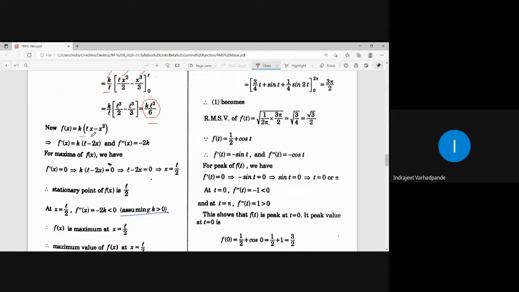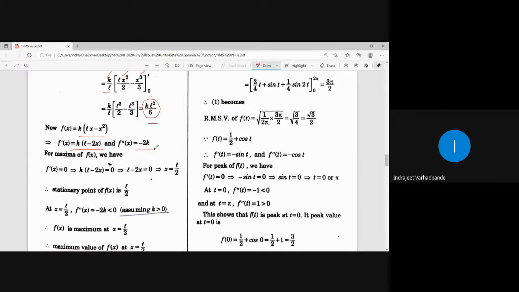So f of x is equal to k into this value. Find out the derivative. The first derivative is k into L minus 2x. The second derivative comes out to be minus 2k. No term of x, so obviously it will be intact with the negative sign. The second derivative is negative, which is less than 0, which implies that the function is maximum.